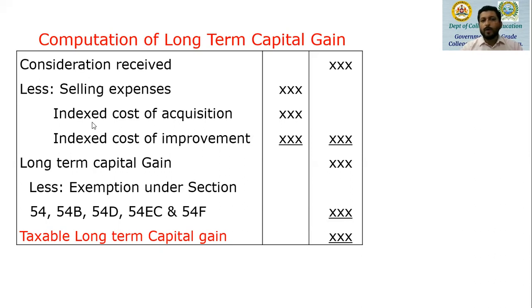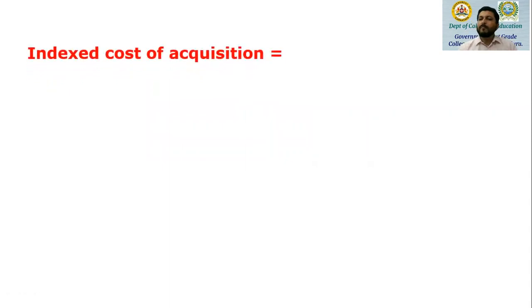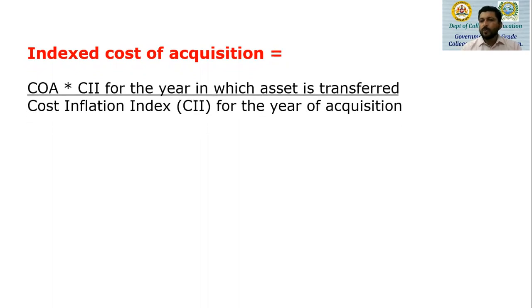Now, how do we go about the indexation? Let's understand this. There is a formula for calculating the indexed cost of acquisition. It is simply cost of acquisition into cost inflation index for the year in which the asset is transferred, divided by cost inflation index for the year of acquisition. We take cost of acquisition into CII of the year of transfer.